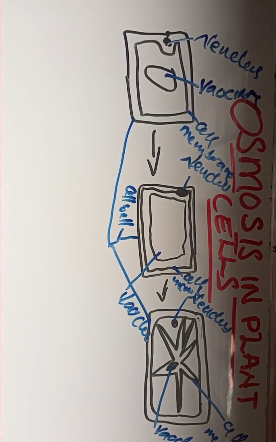Okay, so this is just an illustration so that I can now try to explain. So how is osmosis in plant cells?